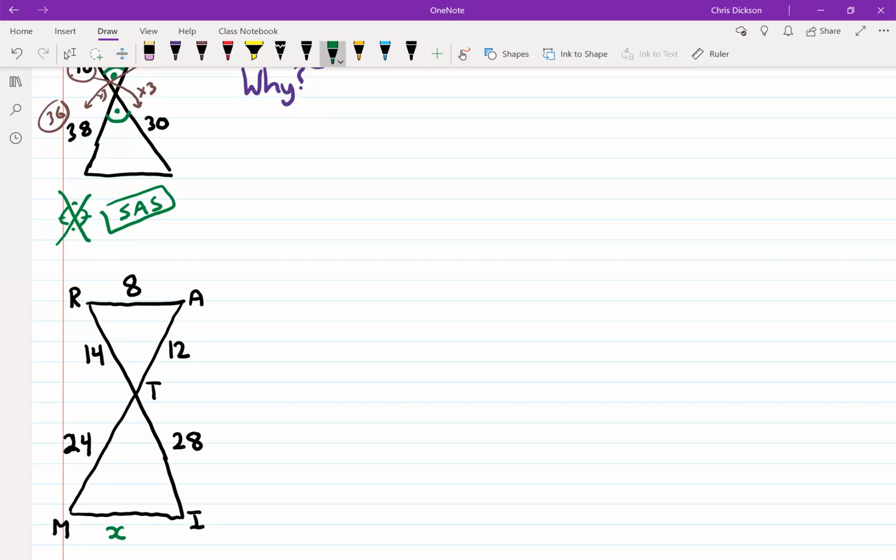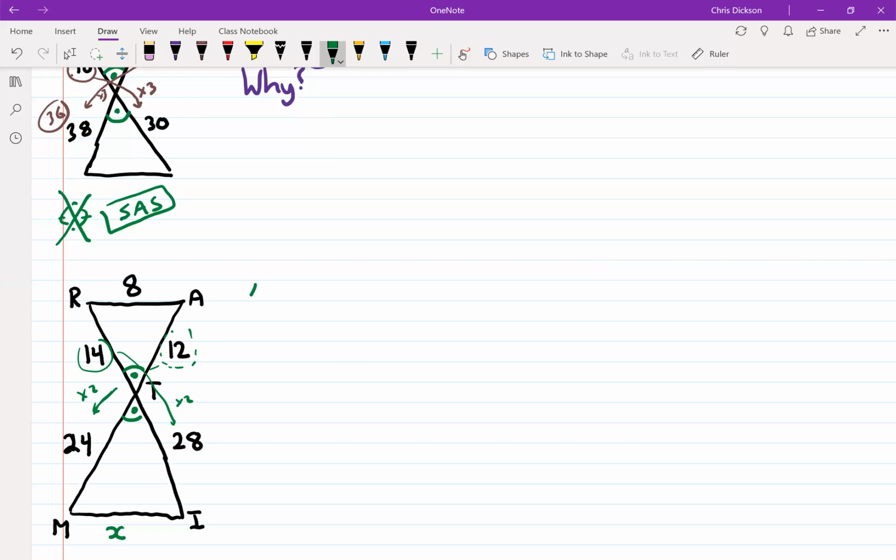So the AA, the SSS, and the SAS. So we know the vertically opposite angles here are the same. And if I go from 12 to 24, I've times that by 2. And to go from 14 to 28, I times that by 2. So that seems that they would be similar.